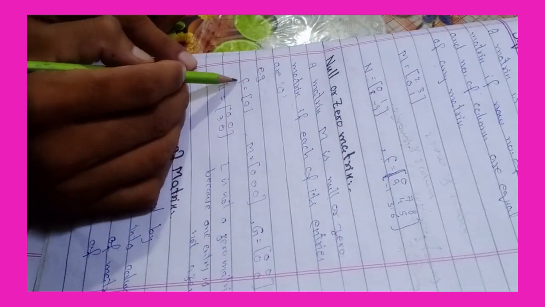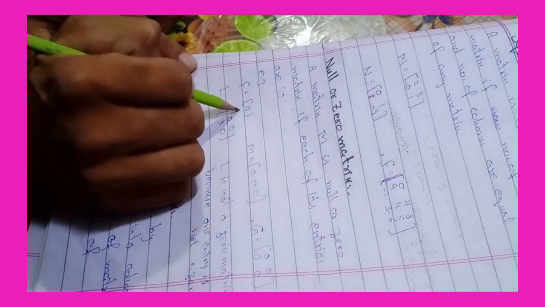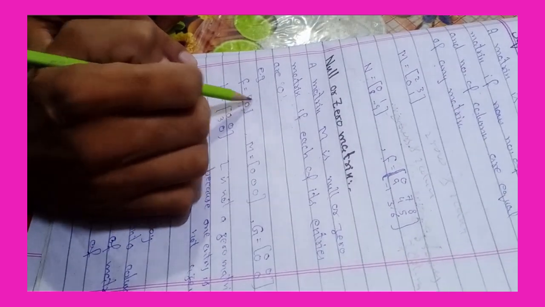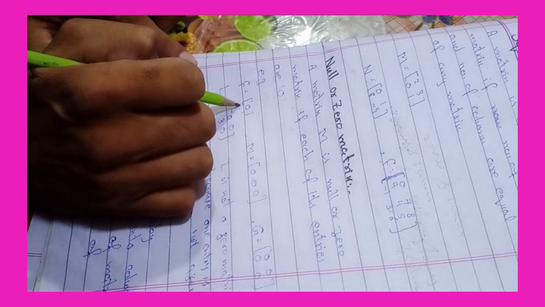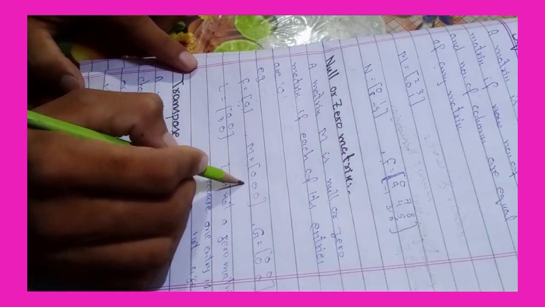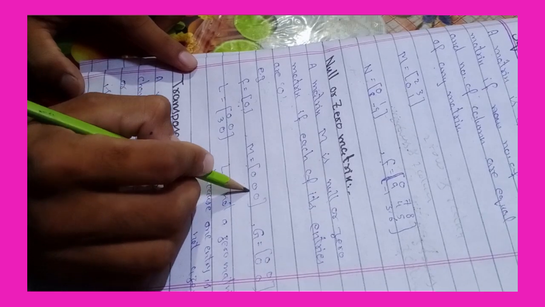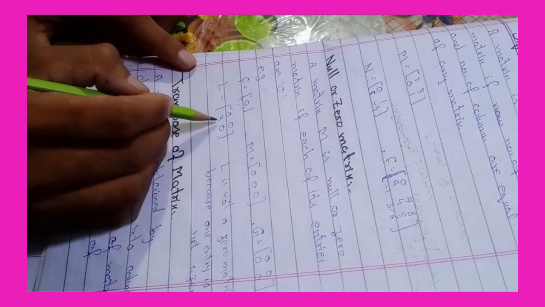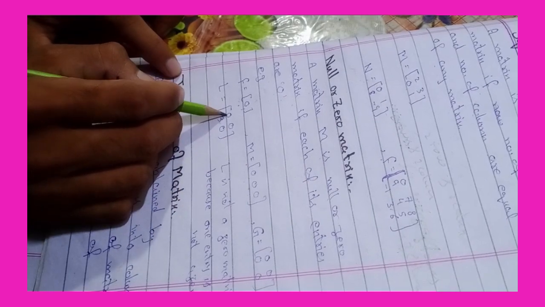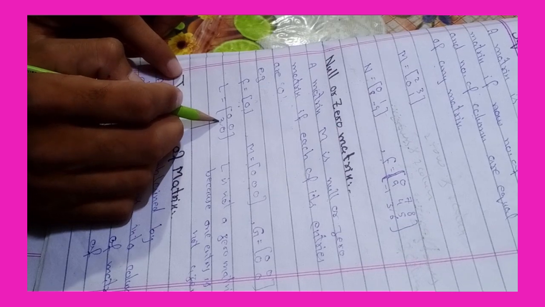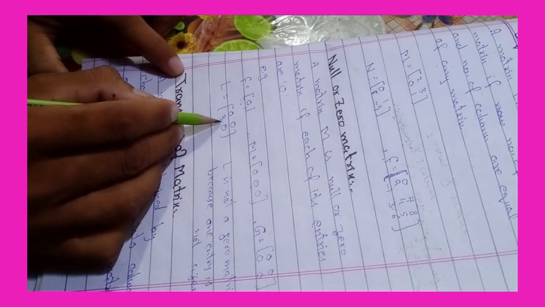For example, matrix F has only one entry, one row and one column, and is called a zero matrix. Similarly, matrix M has only one row with all entries zero, so it is a zero matrix. And matrix L has some entries zero but one is not zero, so these are not zero matrices.